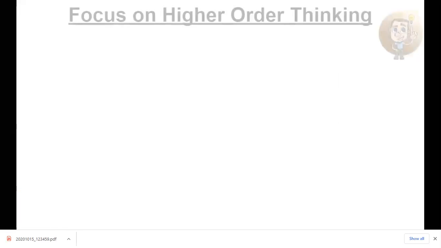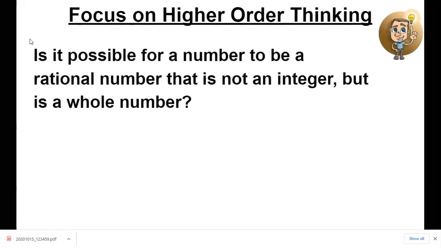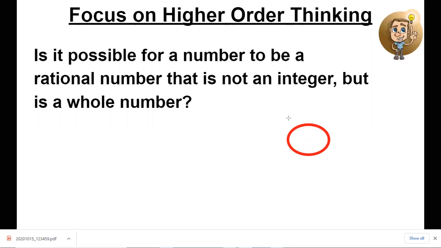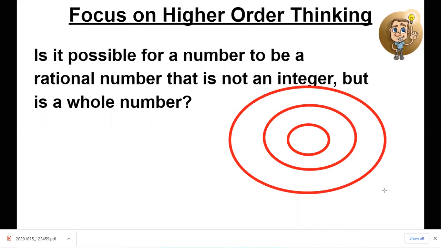Okay, let's take a look at another one. Is it possible for a number to be a rational number that is not an integer but is a whole number? So could a rational number be a whole number but not be an integer? What do you think? Think about our chart with our whole numbers on the inside.